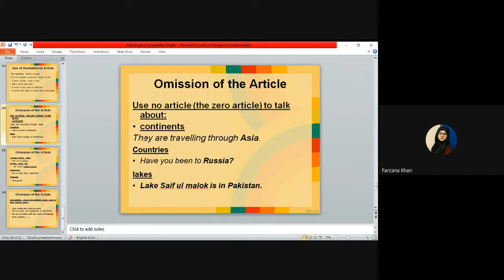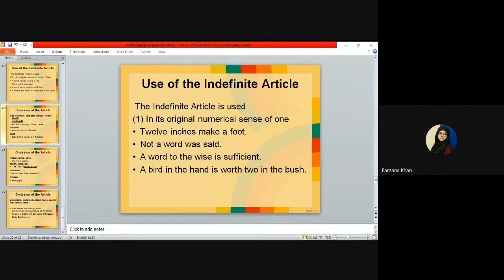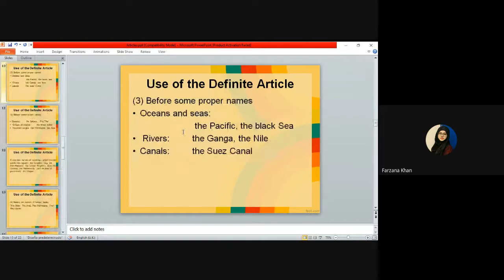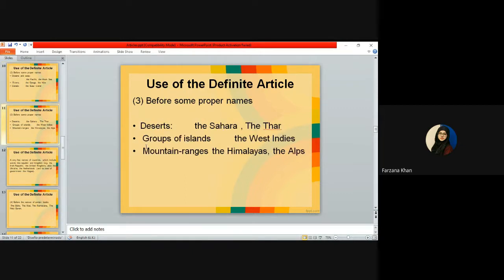So you need to use zero article, or in other words, you need to avoid the use of article with the name of the continents. If you recall the previous rule, I told you that article is basically used with some proper names: with the name of oceans, seas, rivers, canals, deserts, groups of islands, and mountain ranges, you will always use the definite article.